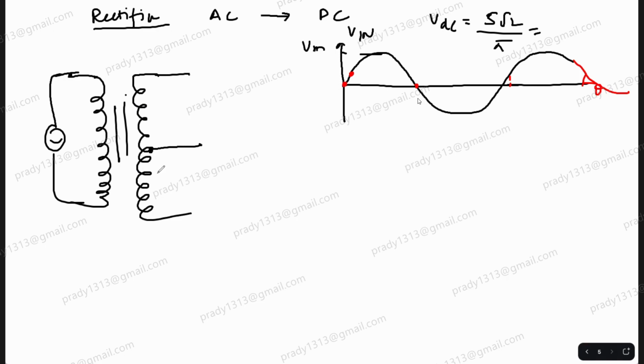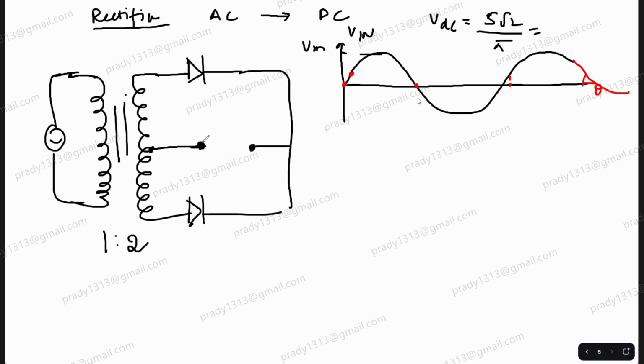It has three terminals: two terminals of the secondary winding, and another terminal going from the center of the secondary winding. The turns ratio of the center tap transformer is 1:2, and you connect two diodes like this. This is where you get the output.